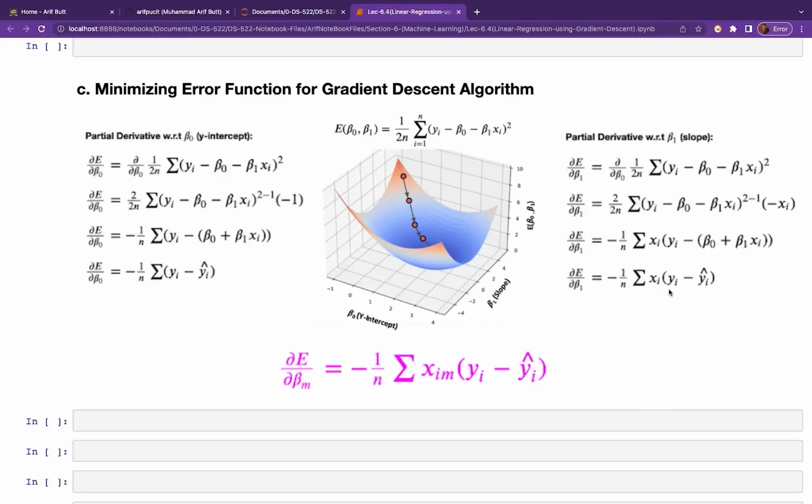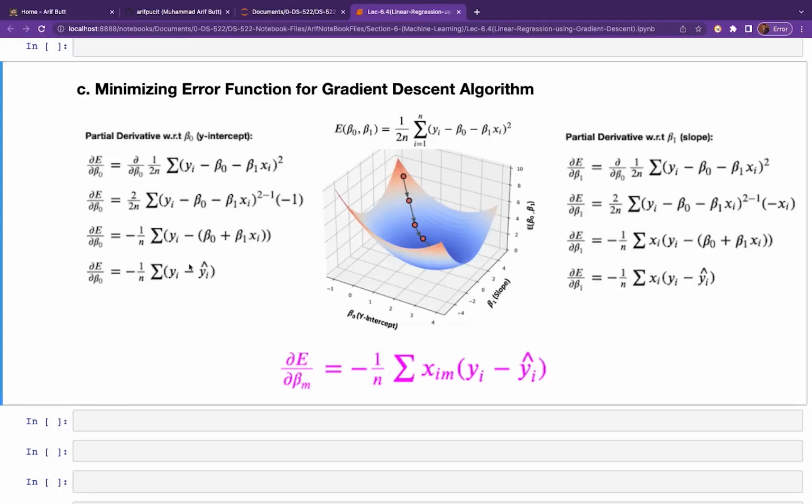My dear students, if you closely observe the partial derivative equation with respect to beta naught shown on left at the end, and the partial derivative with respect to beta 1 shown at the end on the right, you see that in case of a partial derivative with respect to beta naught, we have multiplied all the residual errors with 1, which is implicit over here.